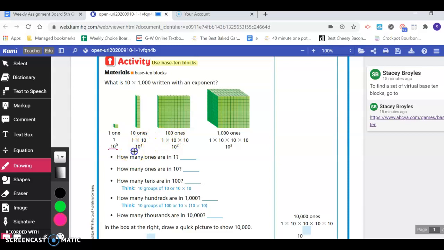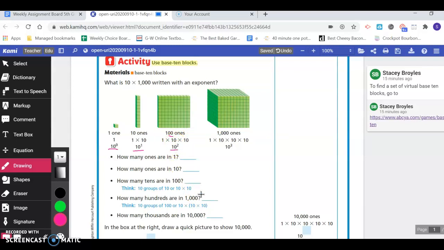Do we see this, how that's changing? Okay, then here's my 100. That's 100 ones. That's 1 times 10 times 10. How many tens is that? That's 2 tens. 2 tens it takes to make 100. How many zeros are in 100? Let's look. 2.